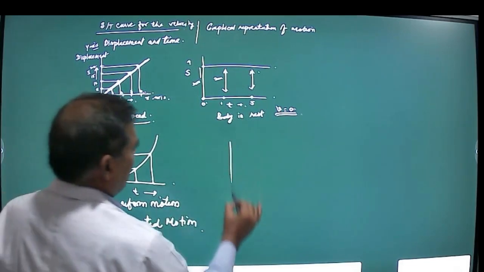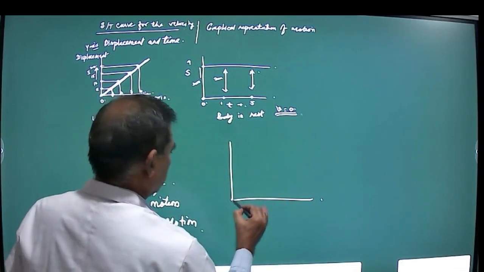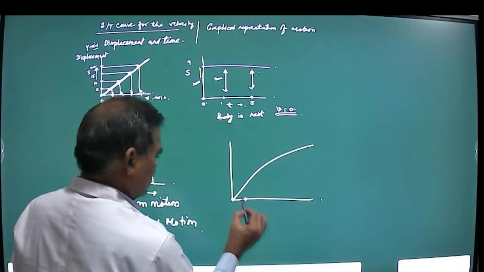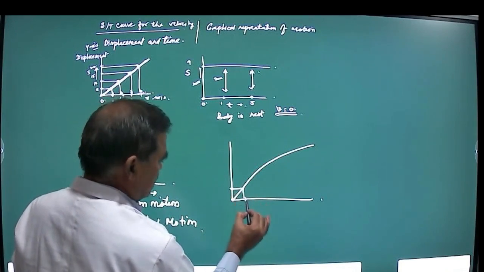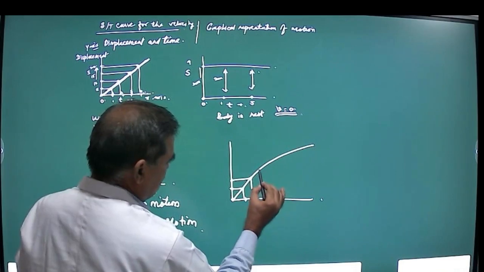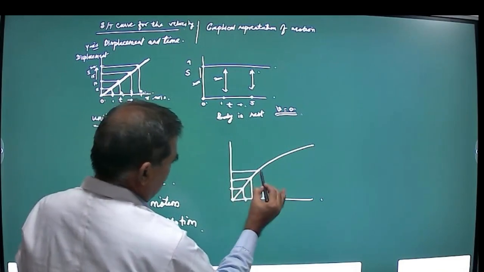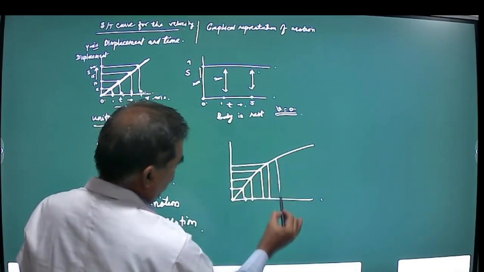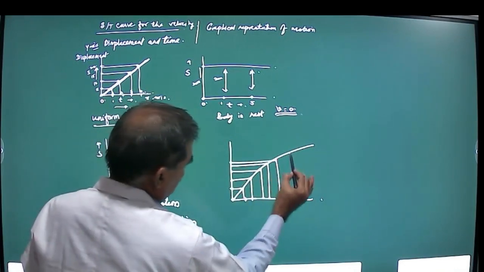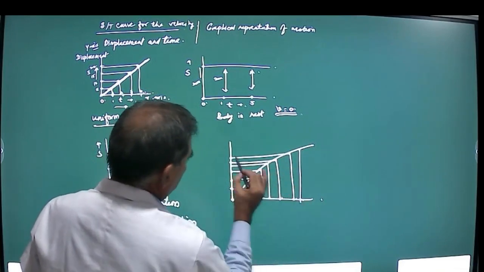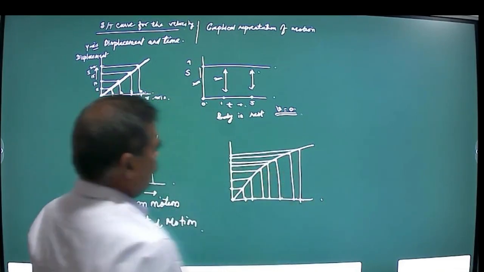If the curve is like this, then what happened? In the first second it travels this much distance. In the second, this distance. In the third, this. Fourth, this much. Fifth, this much. Sixth, this much. Seventh, this much. So what happened?